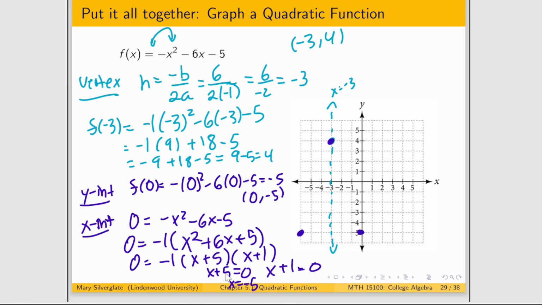So x is equal to -5 if I subtract 5 from both sides, and x is equal to -1 if I subtract 1 from both sides. So I have x-intercepts at (-5, 0) and (-1, 0). I can attach that to our graph, and then we can connect to make our nice, beautiful parabola.